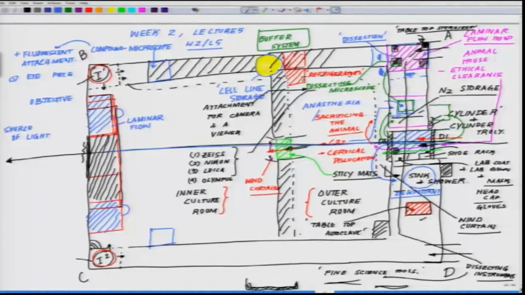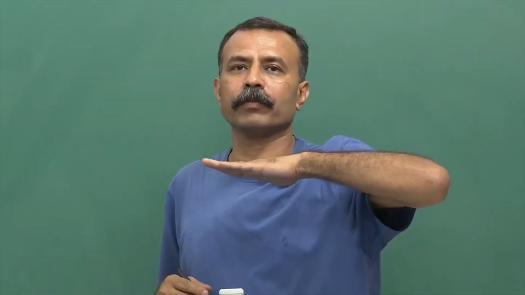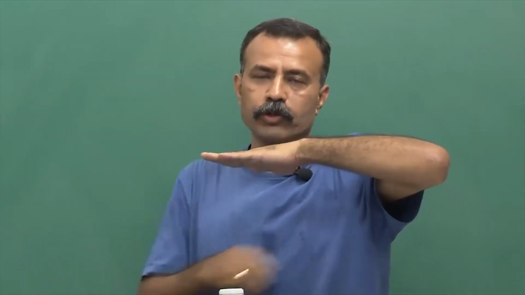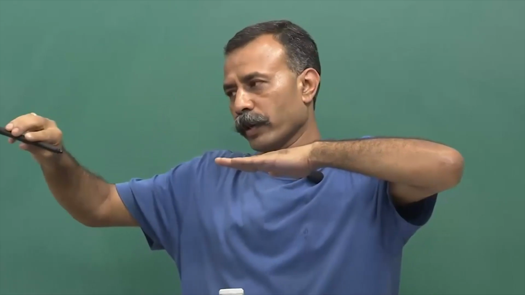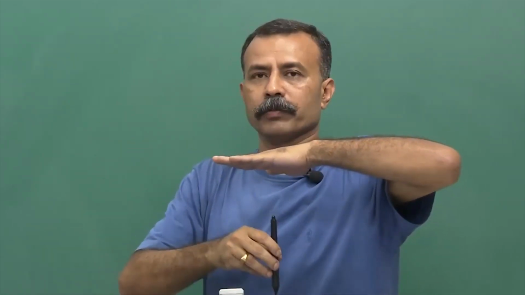Now your options are two. Say for example, this is where your sample is. The light source may come from the top, from the side, or from the bottom.